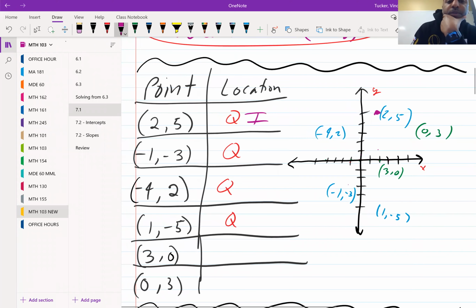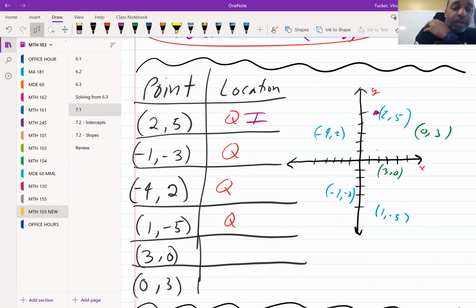So it's 2 positive moves. Then -1, -3, 2 negative moves. I will start at my origin, go left 1, down 3. That will put me right here in quadrant 3.